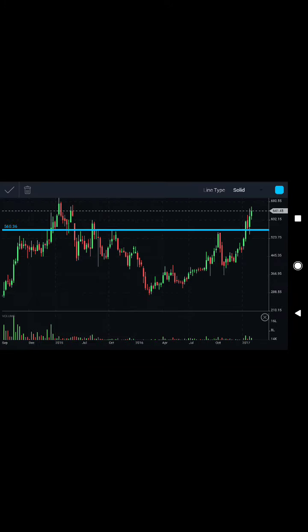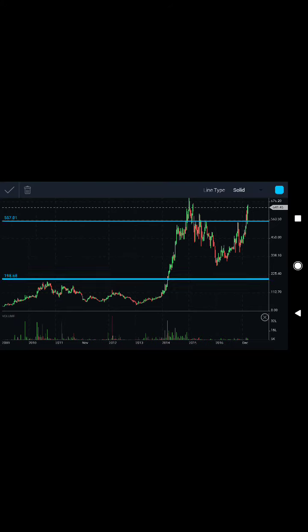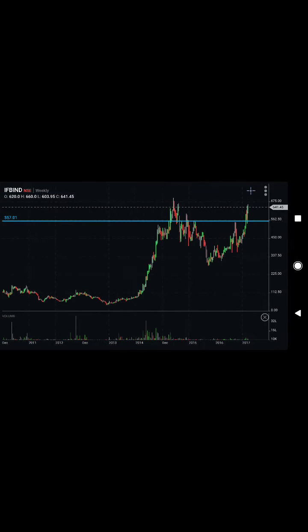In a correction, you should close all these stocks because they can fall all the way to the support zones, 200 levels. So possibly it won't come, but still anything can happen in the market. So I will just show you zooming in on this stock.